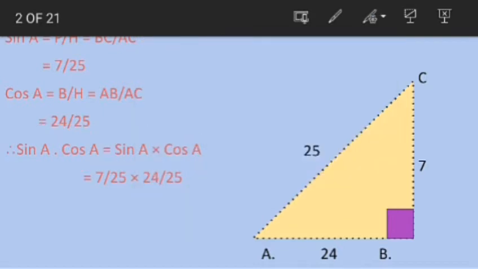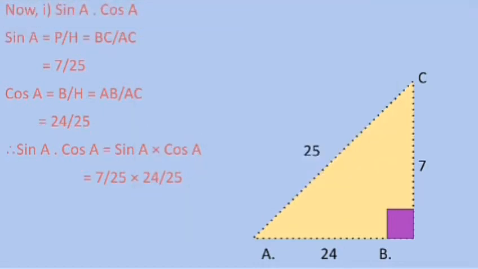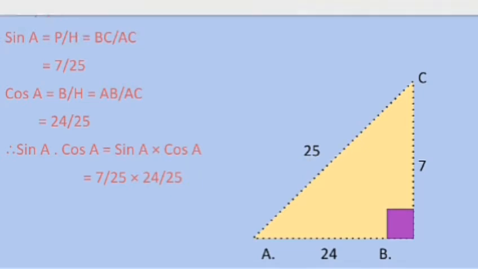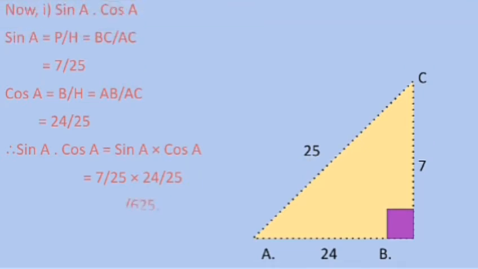Substituting the values, class, we got 7 by 25 multiplied by 24 by 25. You just need to simply multiply them and you will come up with the answer, that is 168 over 625, or you can say 168 divided by 625. So in this way you are solving the first part, that is sin A multiplied by cos A.